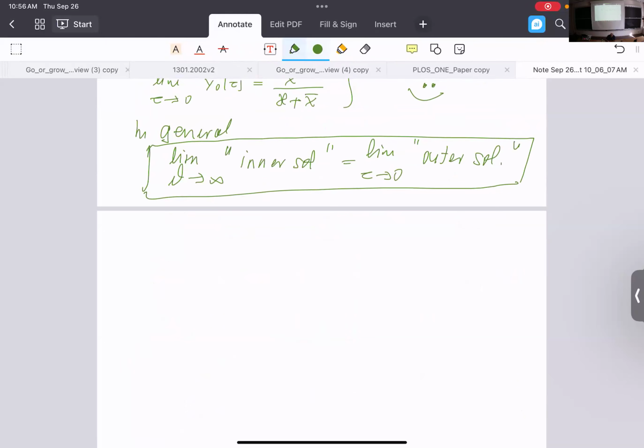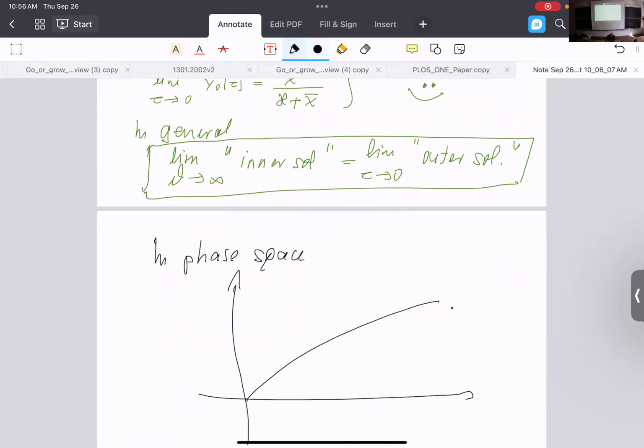Okay. Then I switch to black, putting this together in phase space. So then this and this again. Here is the manifold M. Here is X. Here is Y. And then we said we use the inner solution if we are not starting on M. So let's use this as an initial condition right here. Then the inner solution says X doesn't change.